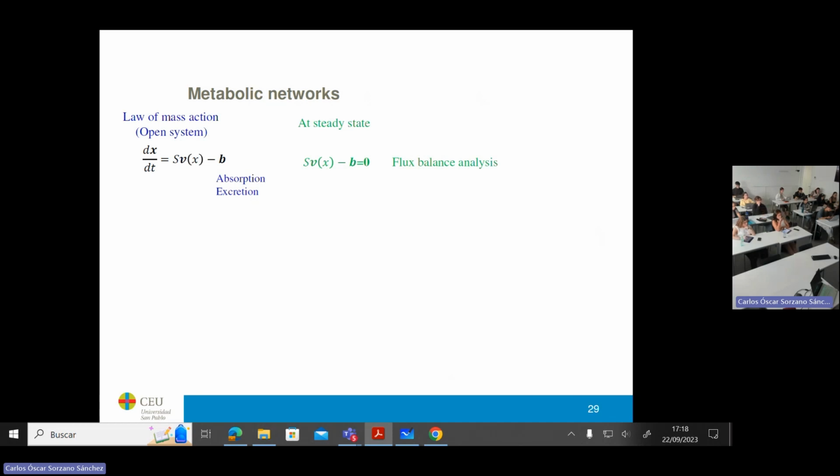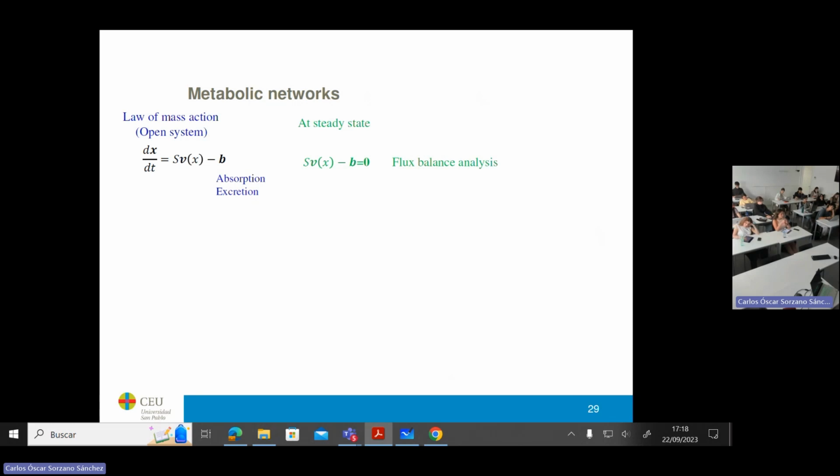Because something that is interesting is the steady state. These things change over time, but they may also reach a steady state, a state that is fixed, so it doesn't change anymore. And this is somehow related to homeostasis. In homeostasis, you are trying to keep a steady state. If you go away, you try to come back to the steady state. If you are in a steady state, your concentrations do not change over time.